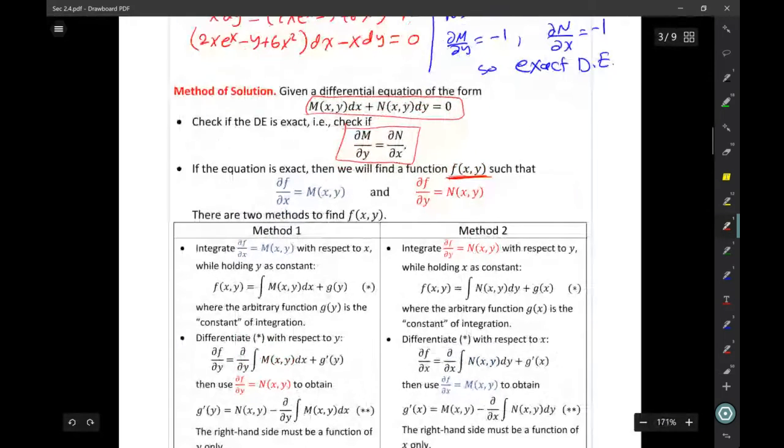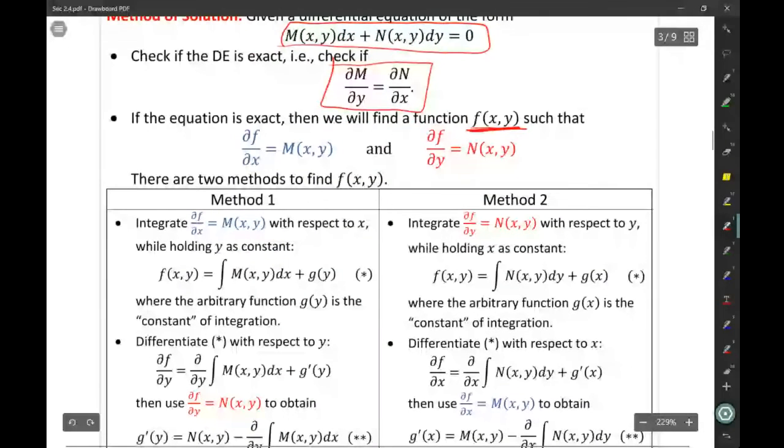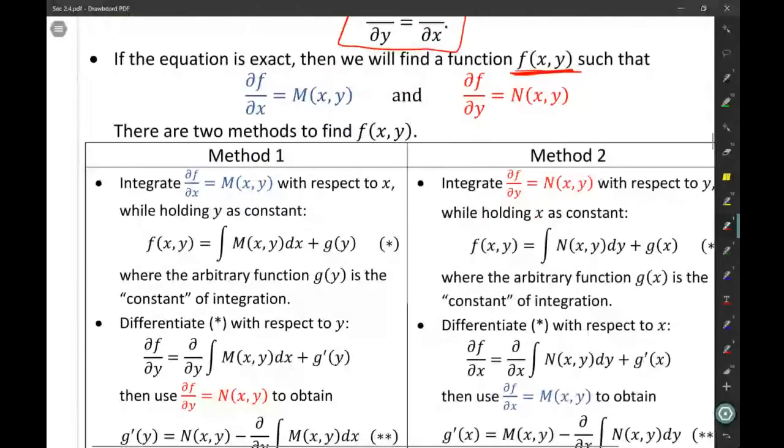Now, which method you will choose, I will tell you later. Method number one. The first thing we have to do is assume df by dx is equal to M(x,y). Then, to find the function f of x,y, you have to integrate M of x,y with respect to x.